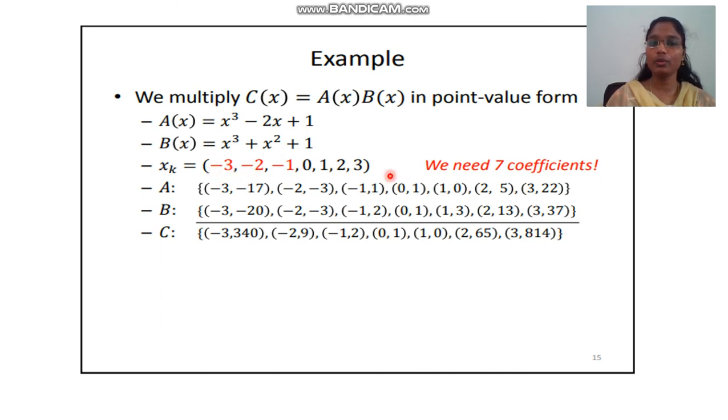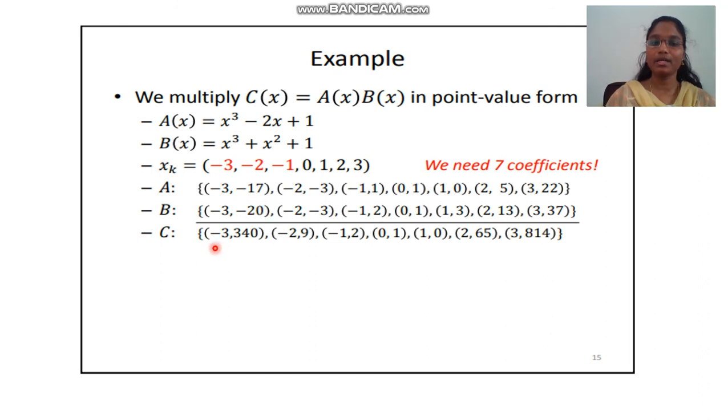For this, now we want to write the point value pairs. If it is minus 3, when you apply minus 3 for a of x, what will be the value? And if you apply minus 2 for a of minus 2, what will be the value? Like that, we have written the point value pairs for the a polynomial, and also for the b polynomial. Now for the resultant value, we are going to multiply only these y values.